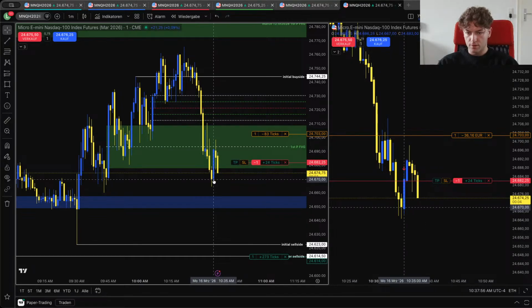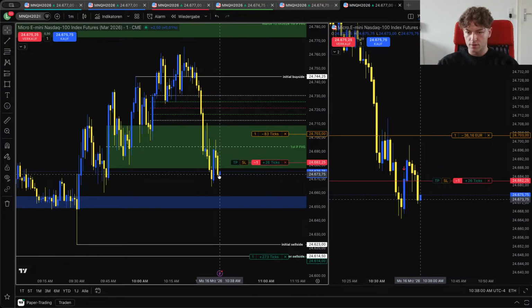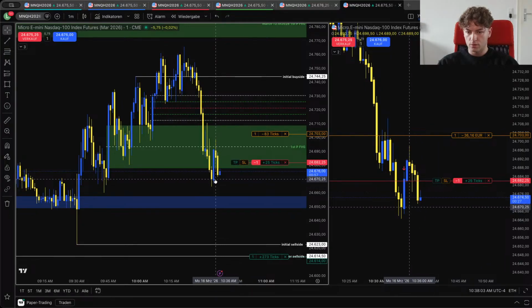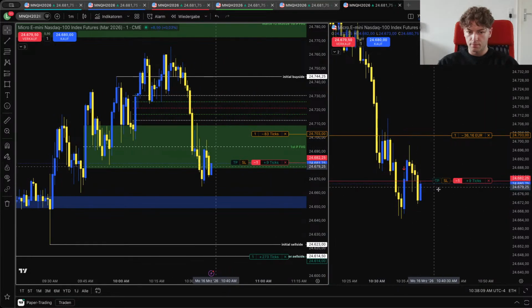If price trades below this opening, I'm going to trim my stop loss. I want to see a closure below this candlestick's open. Let's see if we can get it.